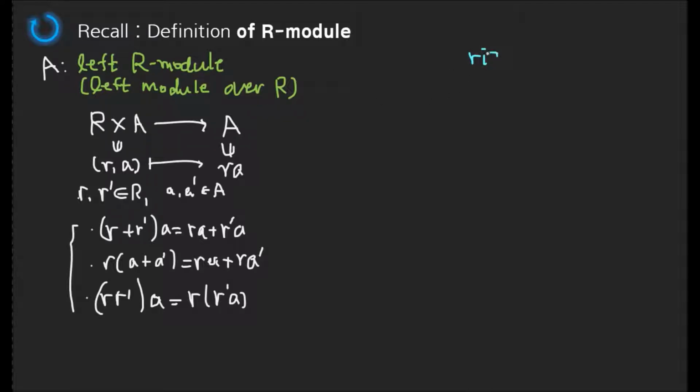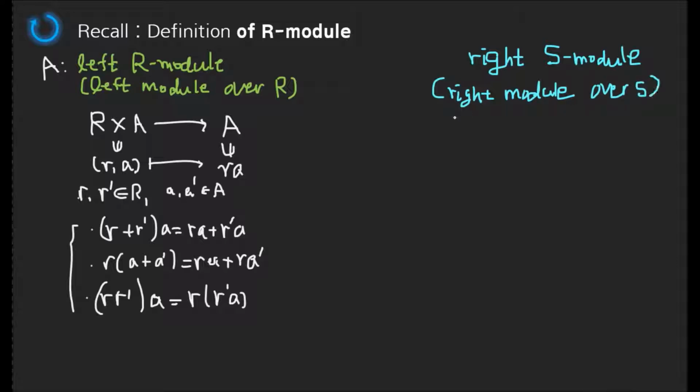Instead we switch the notation to S module, or right module over S. In this case, literally, the notation of the product is switched, so the ring comes to the right side, and the additive abelian group, for convenience denoted B, goes to, in this case, BS.